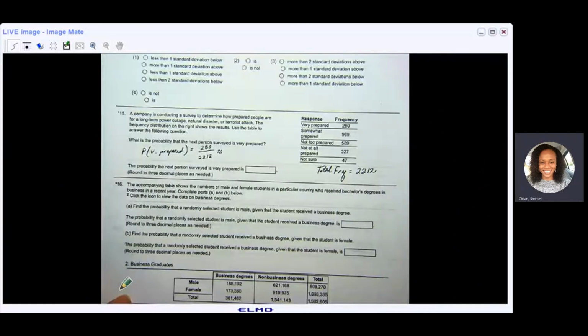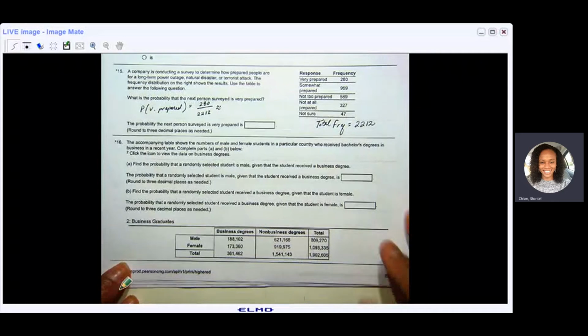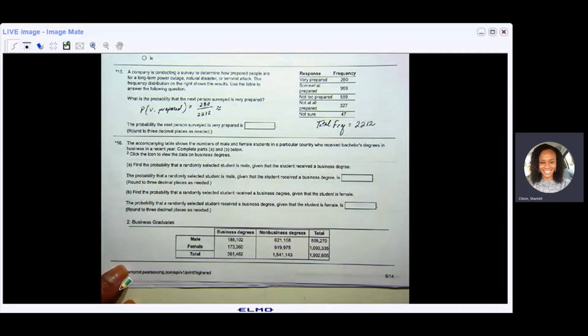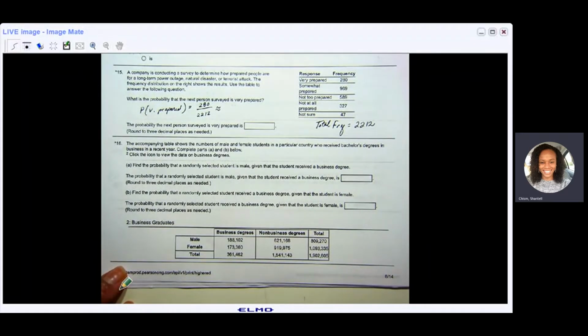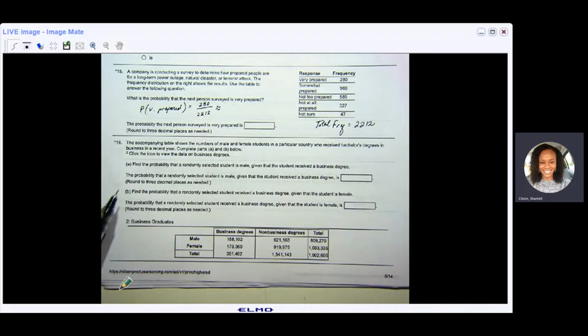Okay. Number 16 is also looking at probability. This one is asking you about conditional probability because it says given, you're given something. So we'll look at this one. It says the accompanying table shows the number of male and female students in a particular country who receive bachelor's degrees in business.